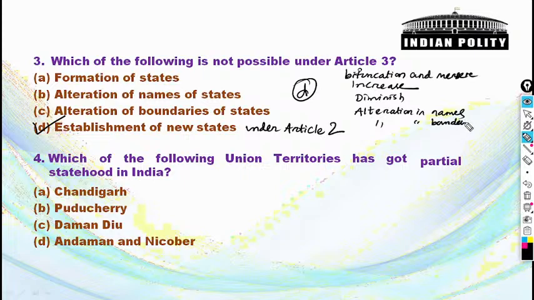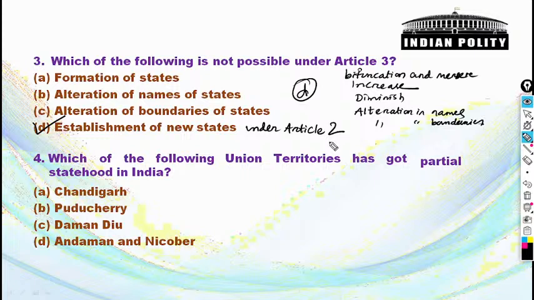So these are found in Article 3. It deals with the area of a state only, although it also deals with the names of union territories when they are merged with states. So alteration in the name of a union territory can be carried out under Article 3. But Article 2 deals with the conferment of the status of a state on a territory which is not a part of an existing state.